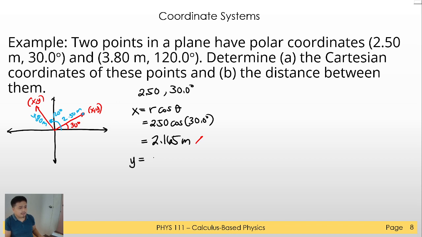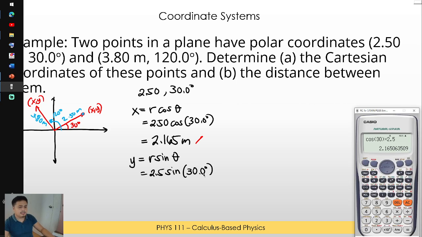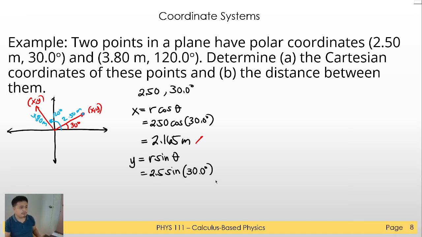And for the y coordinate, we have r sine theta. So we have 2.5 sine 30 degrees. Just change the cosine to sine. So we have 1.25. So this is our coordinates.